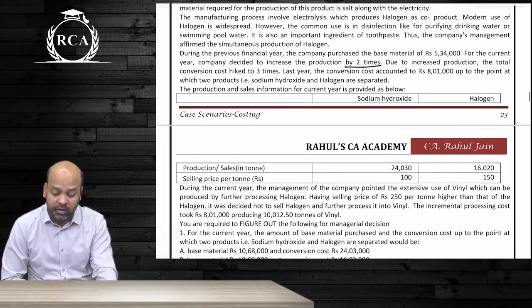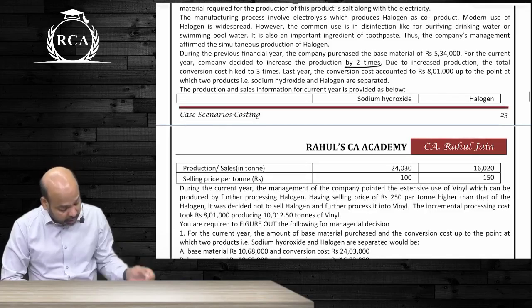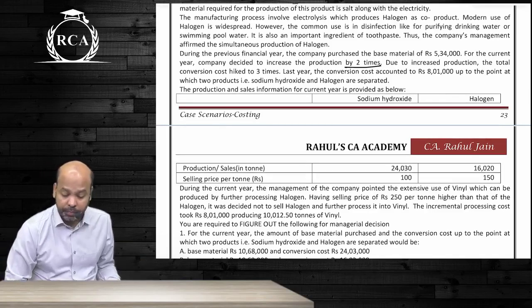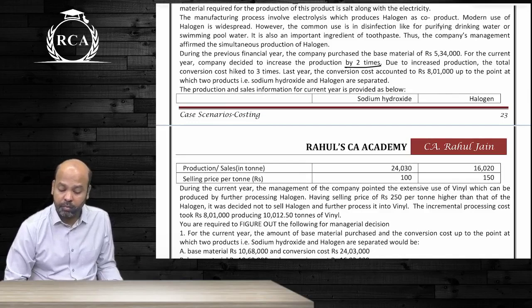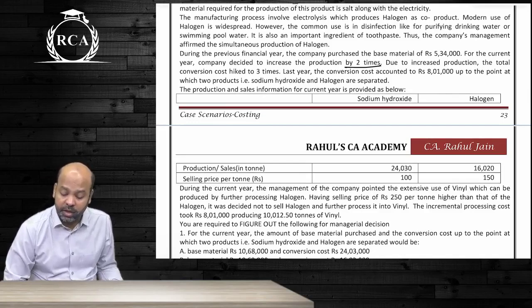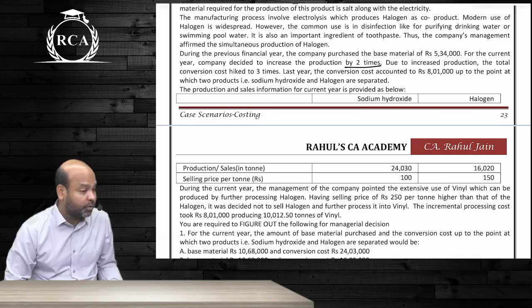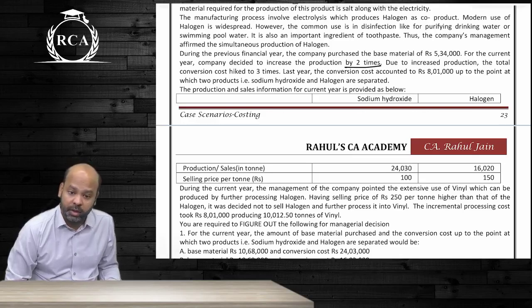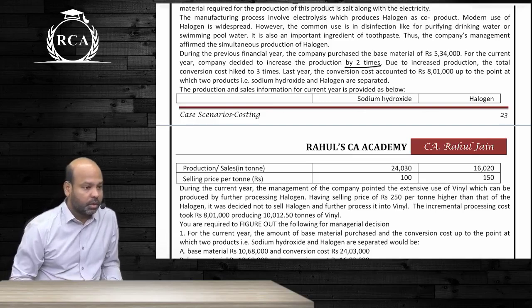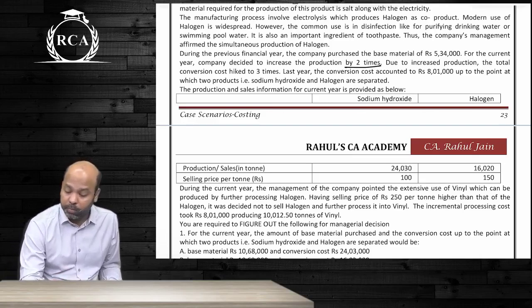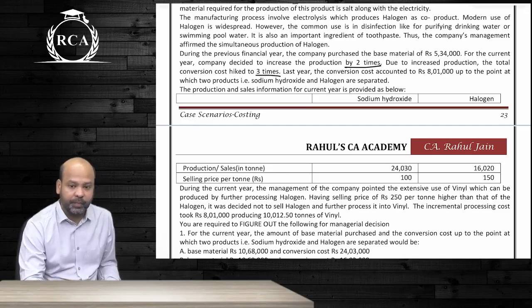Due to increased production, the total conversion cost hiked to... guys increase production by 2 times बोल रहा है बेटा, मतलब total will be 3. Please underline बेटा, very important, क्योंकि यहाँ पे बेटा cost hiked to 3 times है.